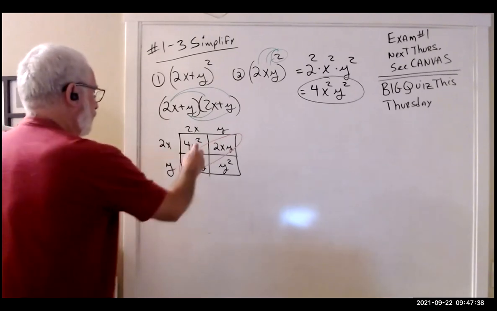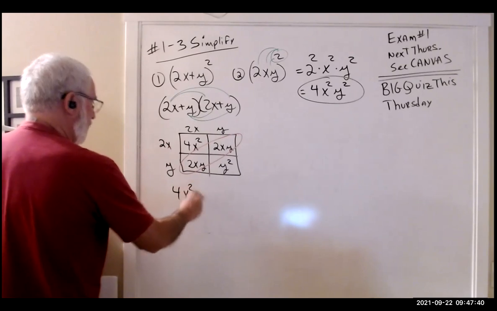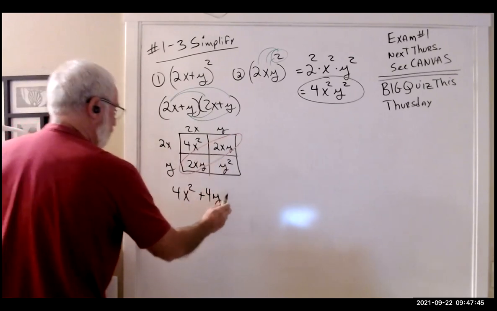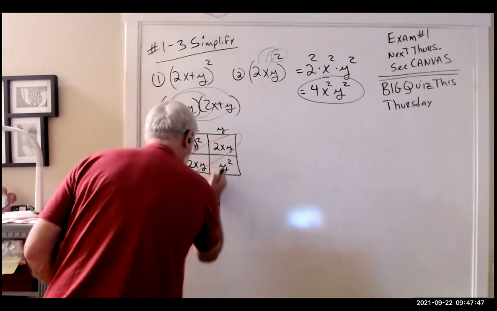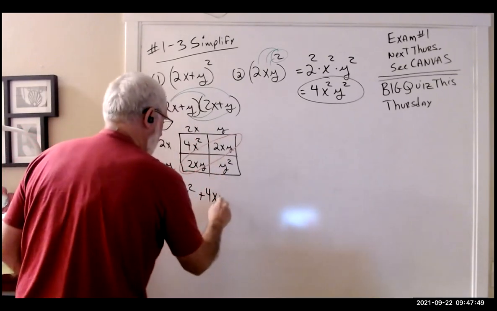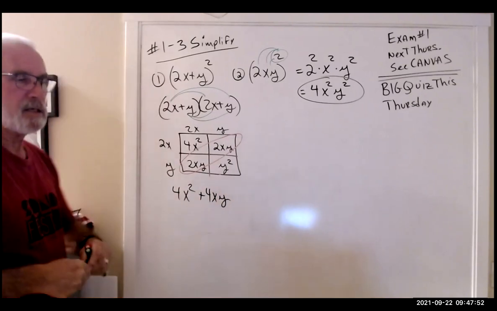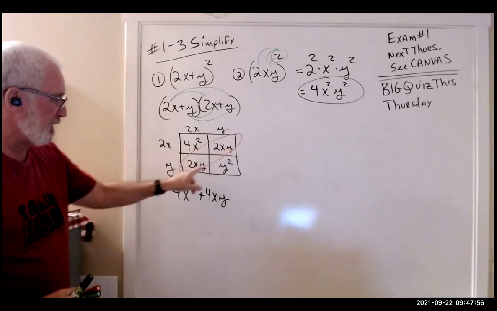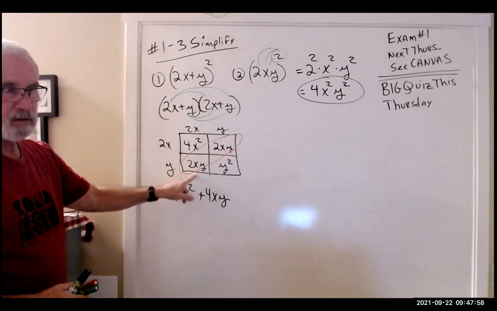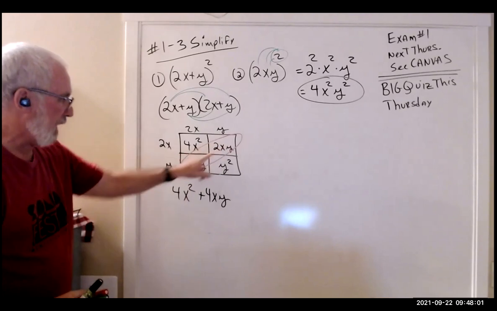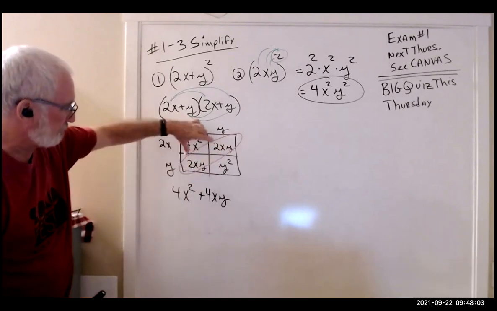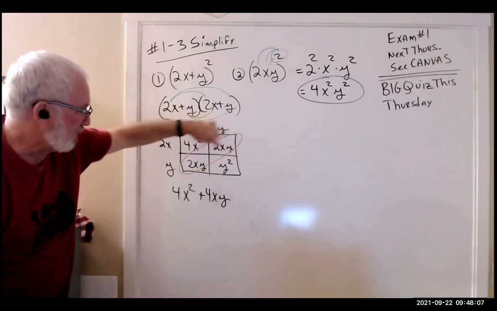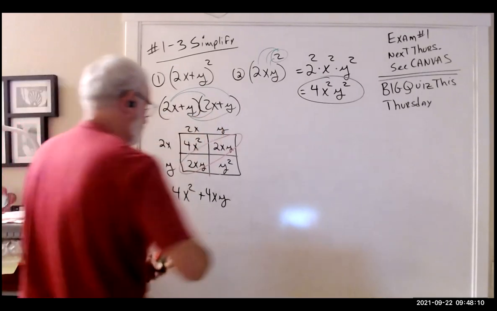So your final answer is 4x squared plus 4xy. Remember, when you add or subtract like terms, you add or subtract the coefficients, and you just keep whatever the variable was, plus y squared.